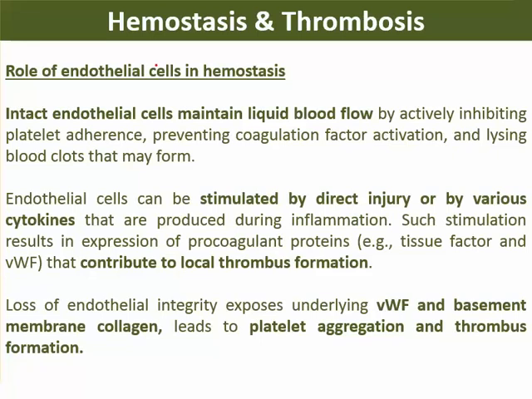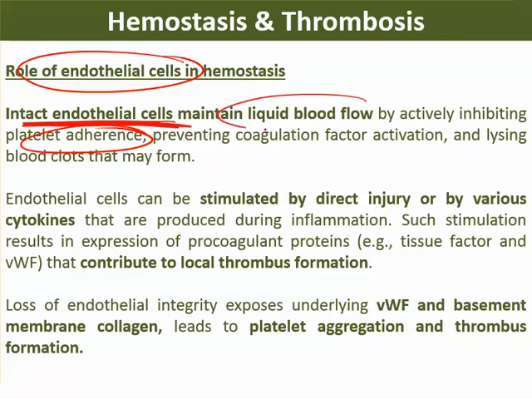In hemostasis, the role of endothelial cells: first of all, endothelial cells should be intact, which means there should not be any gap exposing the subendothelial zone. If the subendothelial zone is exposed, then the platelets will attach. So intact endothelial cells themselves keep the blood in a liquid state.